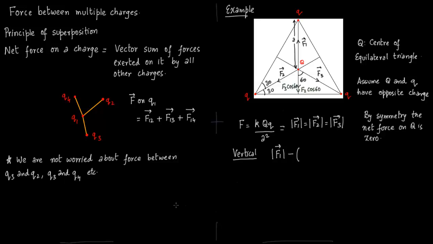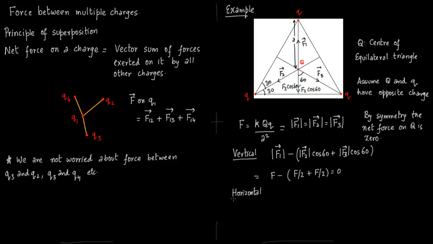F2 cos 60 and F3 cos 60 are both pointing downward, since both F2 and F3 make an angle of 60 degrees with the vertical axis, that is the y-axis. Here by absolute value we mean the magnitude of the force. So F2 cos 60 plus F3 cos 60. Now cos 60 is nothing but half, and all these three forces are equal to F. So this will come out to be 0. So the vertical component is 0.